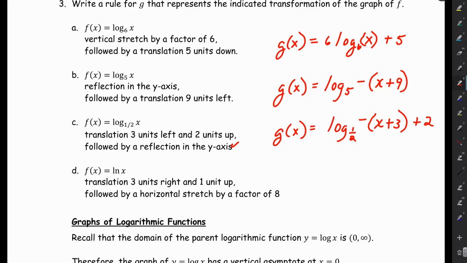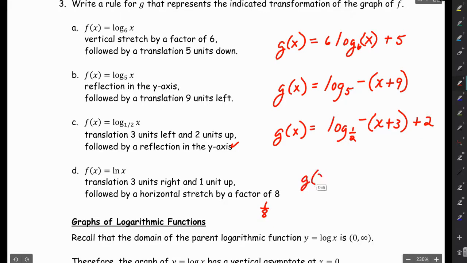The last one, we have ln of x, that's log base e of x, written in shorthand, ln of x, 3 units right, 1 unit up, and a horizontal stretch by a factor of 8. Ooh, horizontal stretch by a factor of 8. That means we're going to have the 1/8 fraction in our answer.